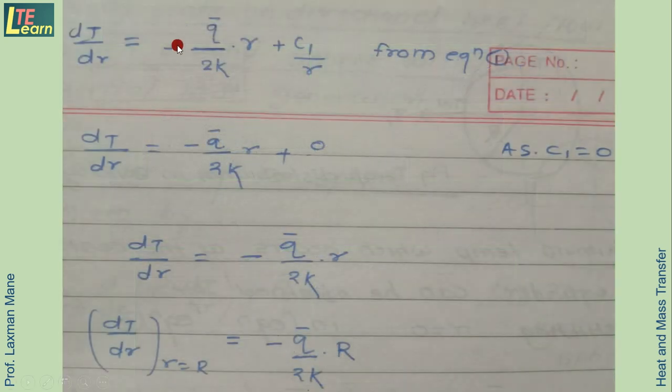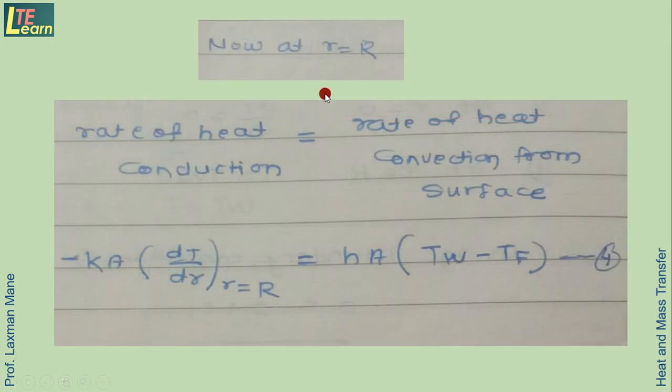Now from equation 1, with the value of C1 as 0, we find this equation: dT/dr is equal to minus q by 2k times r. Now at radius equal to capital R, we have minus q by 2k times capital R. Now we use this.